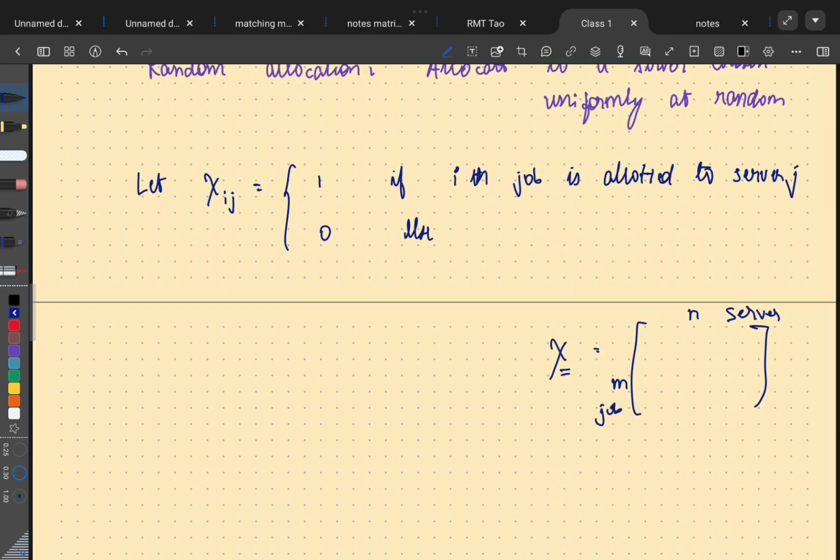Now if I look at this collection, let's look at one row and one column. Any particular row, any particular column. What can I say about chi_i1, chi_i2, up to chi_in, versus chi_1j, chi_2j, up to chi_mj?